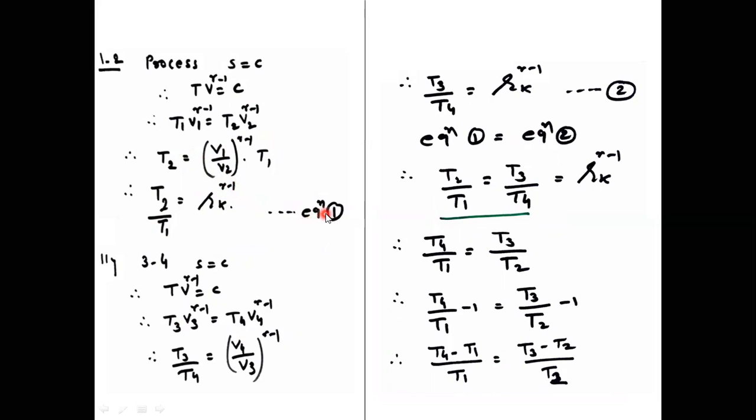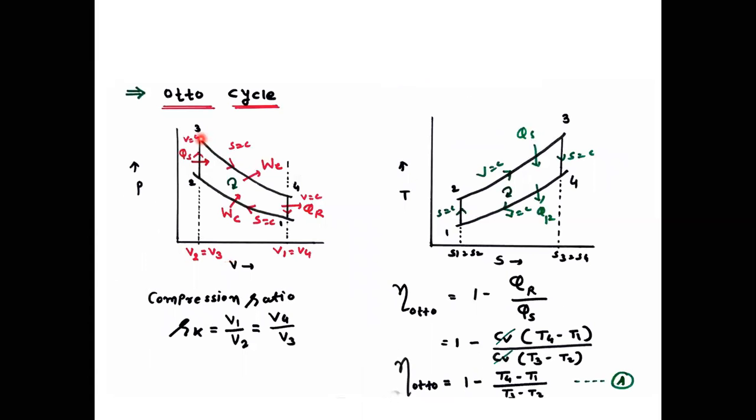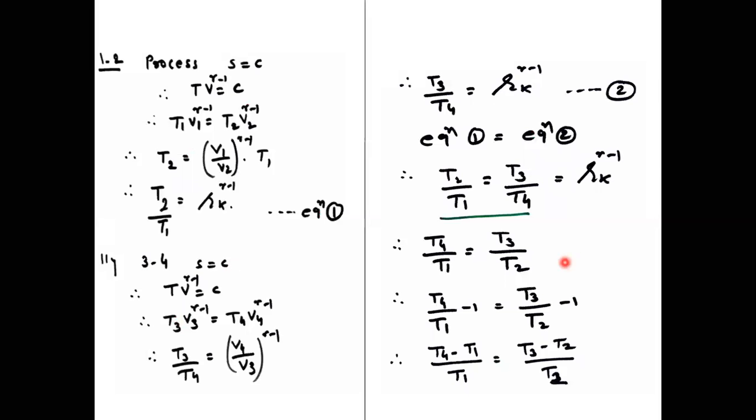Say equation number 1. Similarly, consider process 3 to 4, which is again a reversible isentropic process. See on the diagram, this process 3 to 4, isentropic process. Reversible isentropic process means adiabatic process, and for an adiabatic process you can write T V raised to gamma minus 1 is equal to constant.